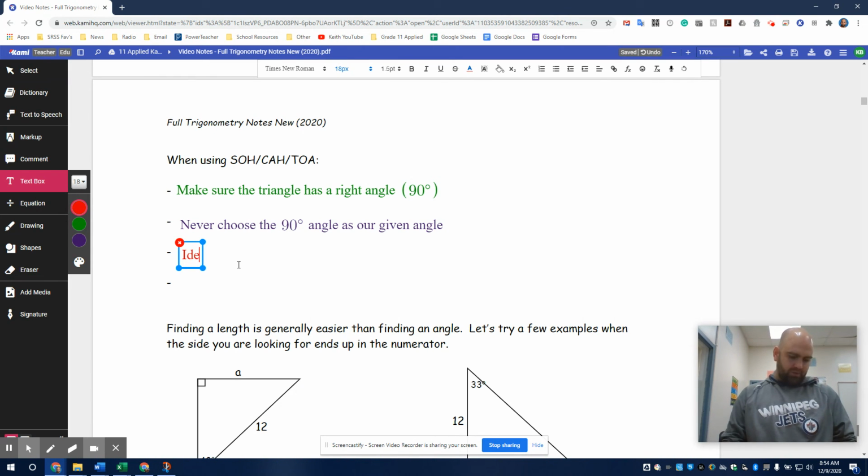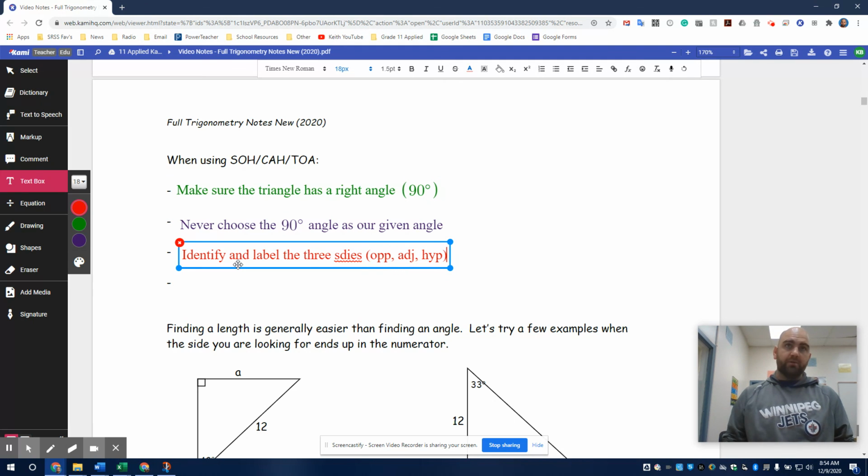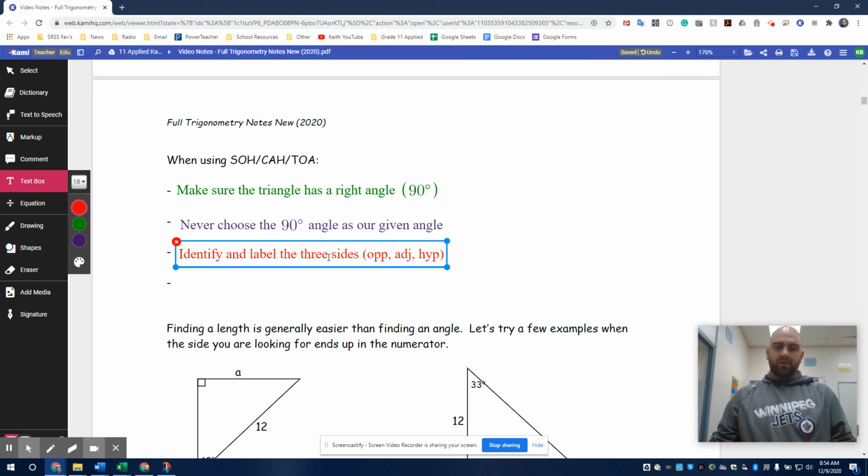Next, we want to identify and label the three sides: our opposite, our adjacent, and our hypotenuse. Make sure those are labeled, and try to do that with correct spelling as well. Good thing I'm doing it on the computer, so I'm able to correct my values.